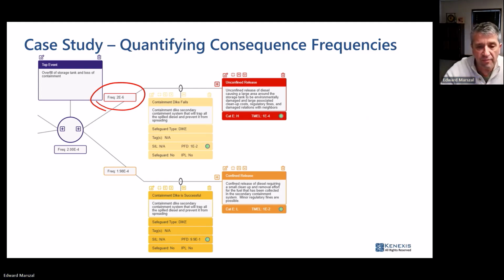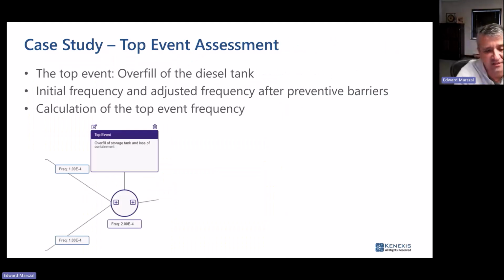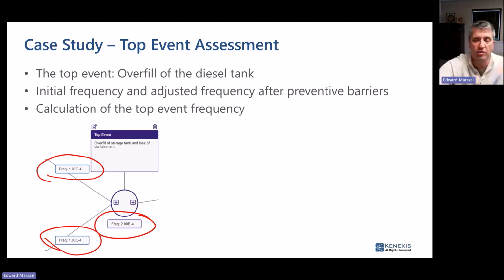Well, I use my PFD of my mitigative barrier, multiplied by the frequency of the loss of containment. But the frequency of the loss of containment was determined by adding the frequencies associated with all of the initiating causes, not just one at a time.